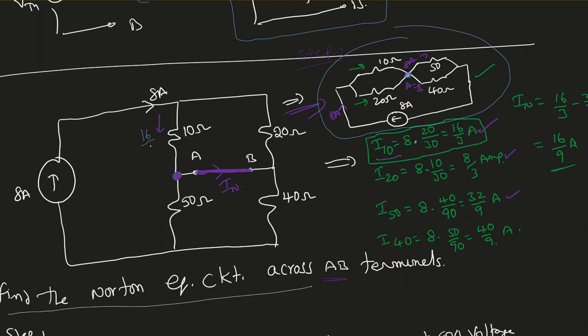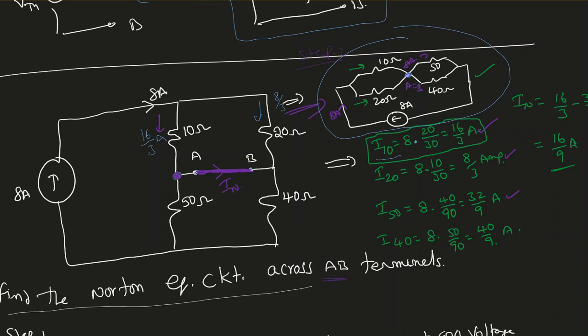So the current passing through the 10 ohm is 16 over 3 ampere. Now the remaining current, or the current passing through the 20 ohms, is 8 by 3 ampere.